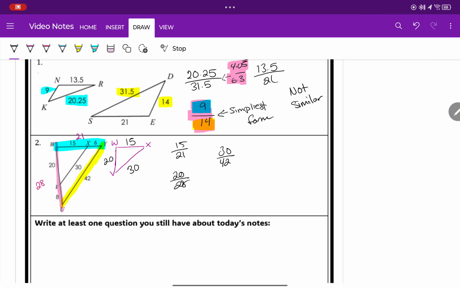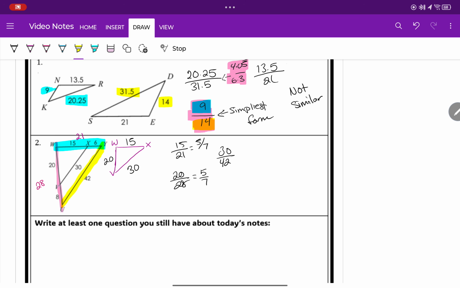So now I'm going to go ahead and start simplifying. Well, 15 and 21 can both be simplified by 3. So that becomes 5/7. 20 and 28 are both divisible by 4, which 4 goes into 20 5 times, and 4 goes into 28 7 times.